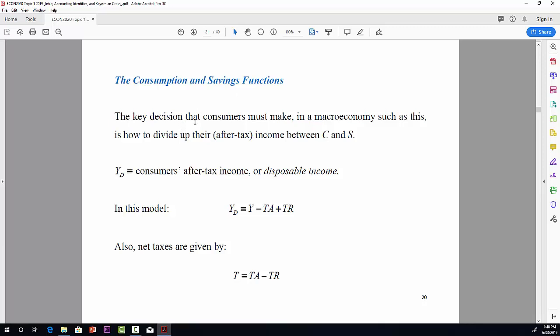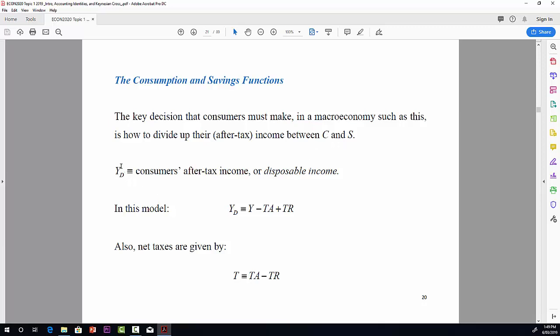You'll see how these two are connected. A key decision that consumers must make in any macroeconomy is how to divide up their income between consumption and savings. You get your income at the end of your pay period, and you have to decide how much of it to consume now and how much to save.